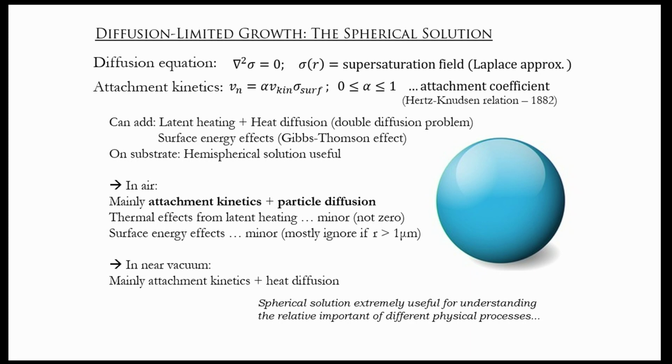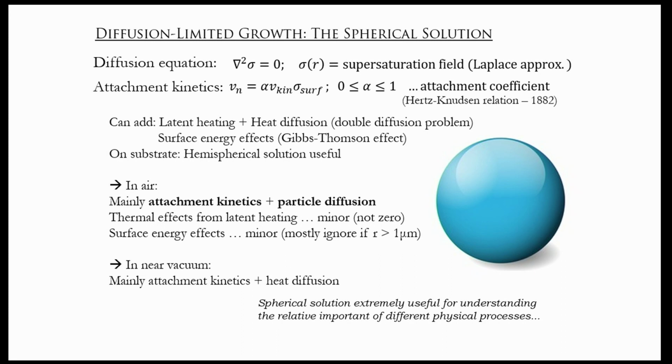And so if you have a really slow growing facet, that's just like a piece of glass, and the sigma surface is the same as sigma infinity. The boundary conditions are mixed. This gives you alpha times sigma, gives you the velocity, but the velocity is also given by the gradient of sigma.